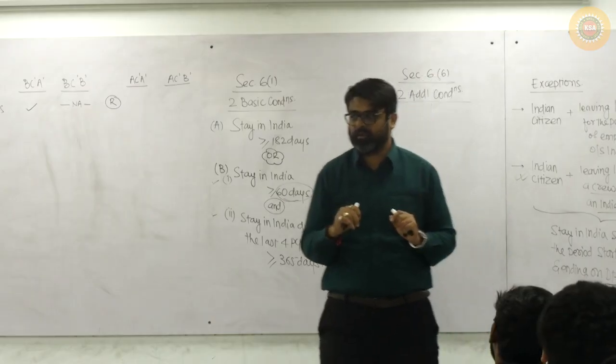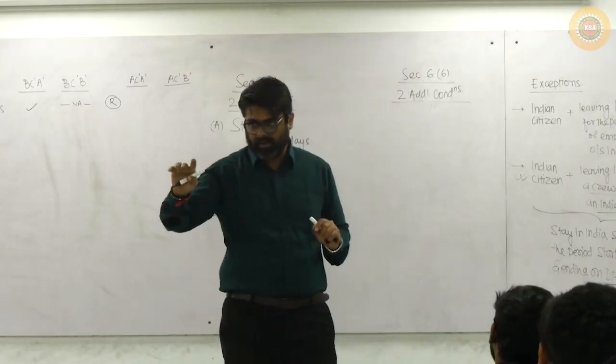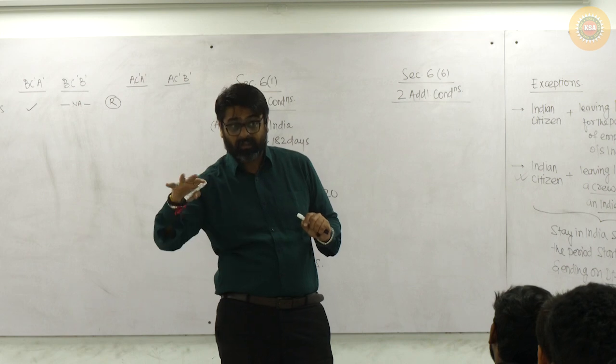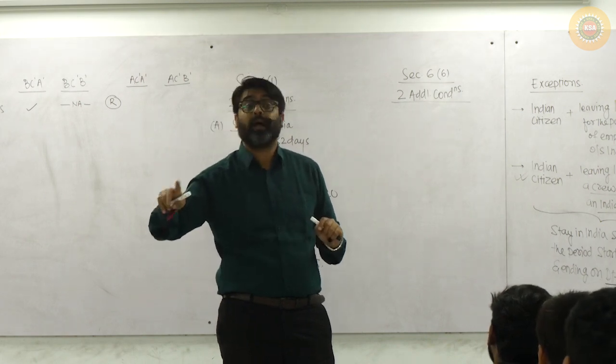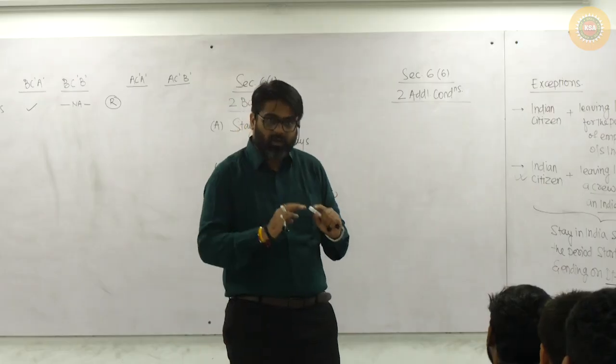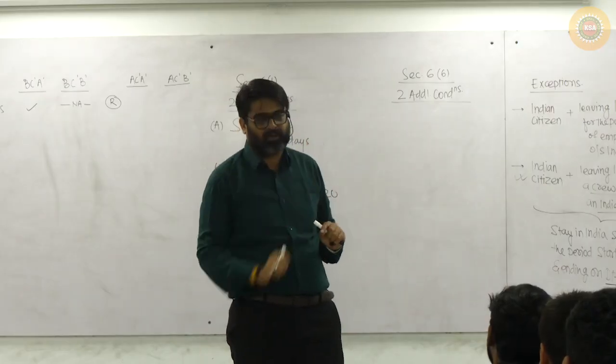First condition, what did you say? During the last 10 years, you should be a resident for at least 2 years. Now, I will write down a reverse condition for that.